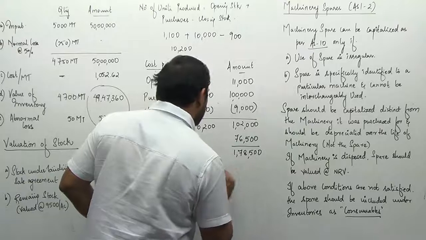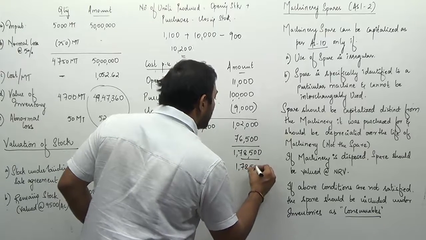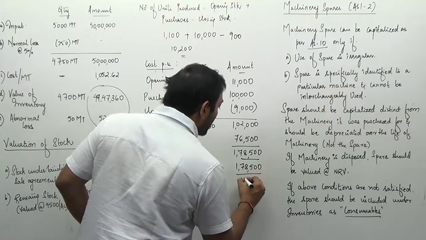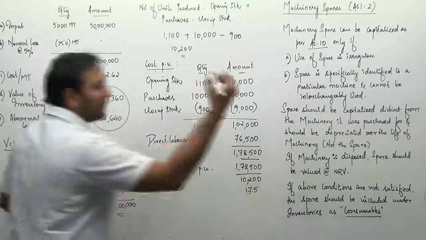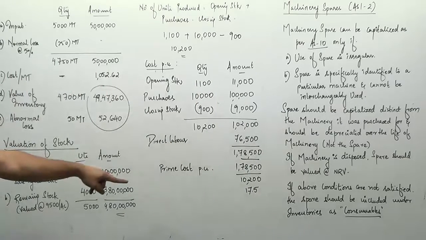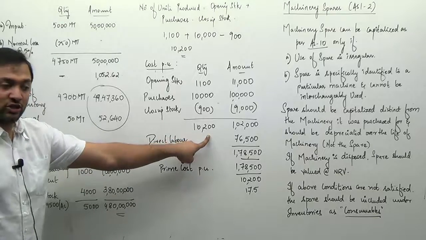Cost per unit is 1,78,500 total prime cost or variable cost divided by 10,200, 17.5. This is variable cost, on the basis of actual production.